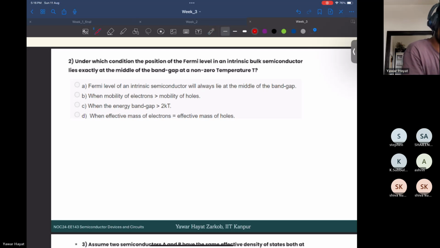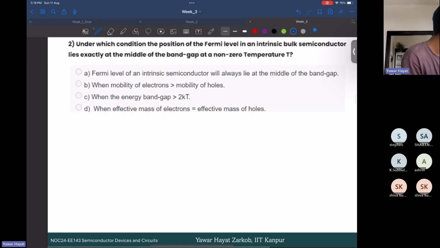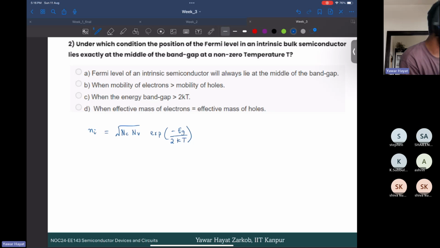This is sort of derivation based. So we know that Ni is equal to square root of NC NV times exponential of minus Eg by 2kT, where this Eg is your band gap, right?